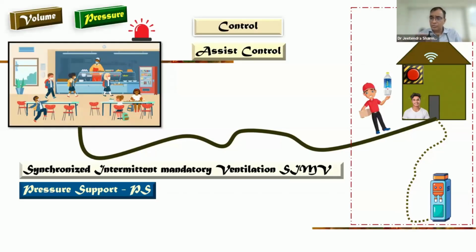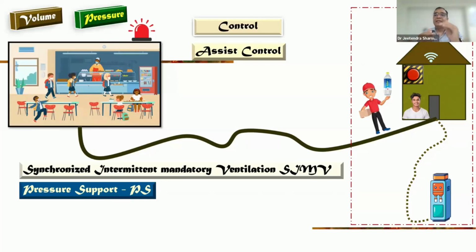Understood? We are not moving further in the modes. I am just giving you the mechanisms of triggering. Your assist control, your volume assist control, can be pressure triggered or flow triggered. Of course, the flow trigger will be less effort for the patient.